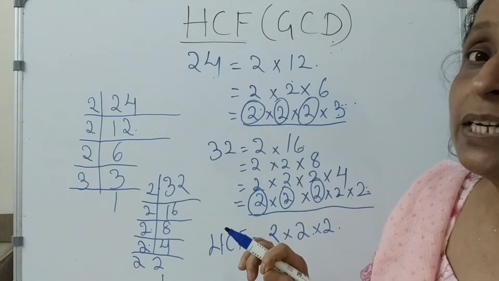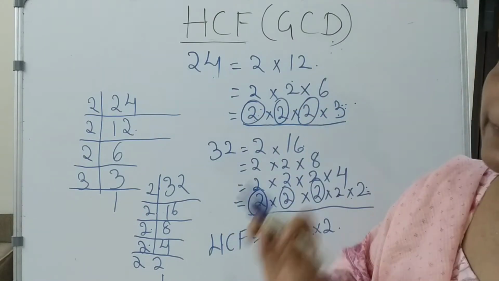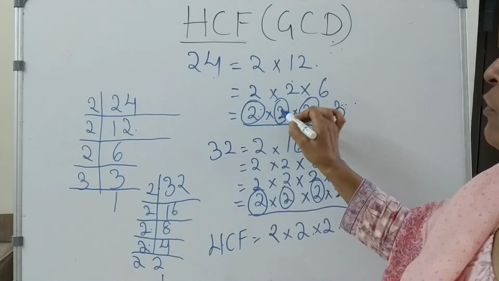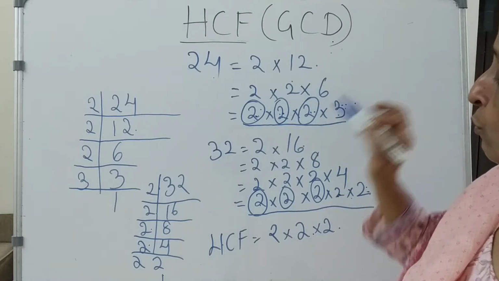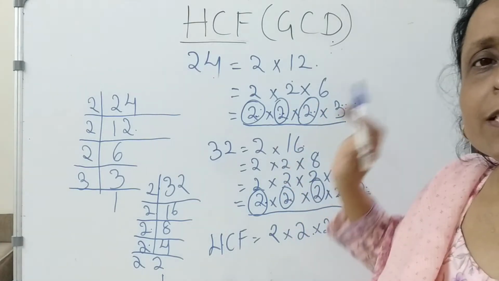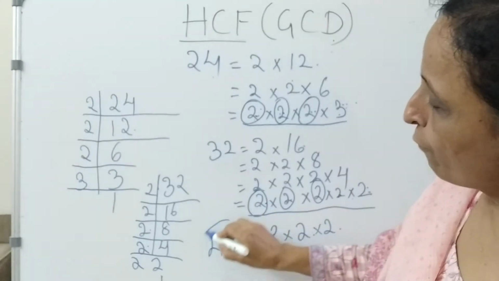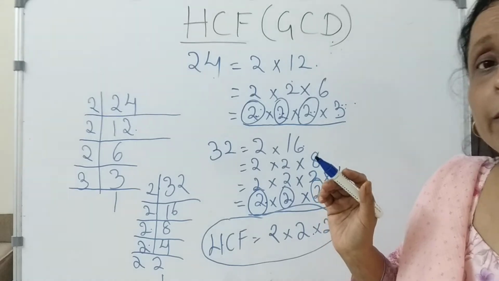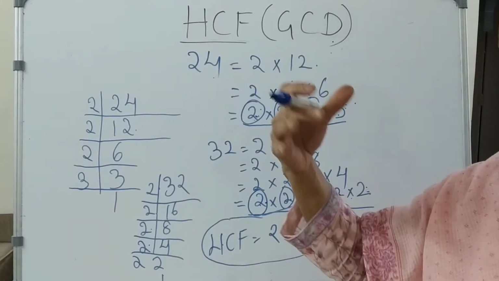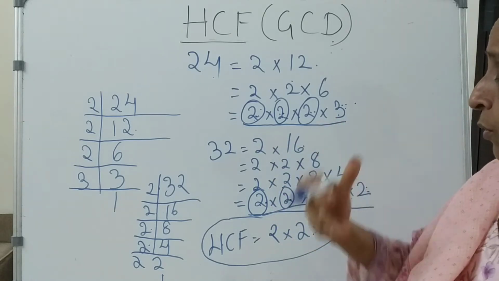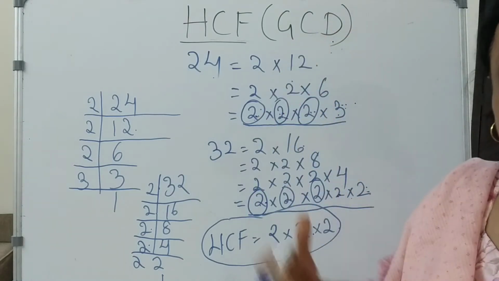What is included in HCF? Only the numbers which are common. Only these numbers are common. So that forms HCF. It's very simple, and slowly with bigger numbers you have to factorize, and learn the tables so that it will be easier for you.